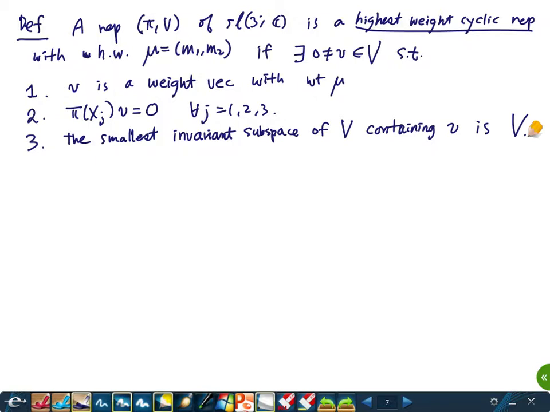Usually when we say something is cyclic, if you remember from your undergraduate algebra, what is a cyclic group? It's a group generated by one element, right? So cyclic means generated by one element. But what does that mean?